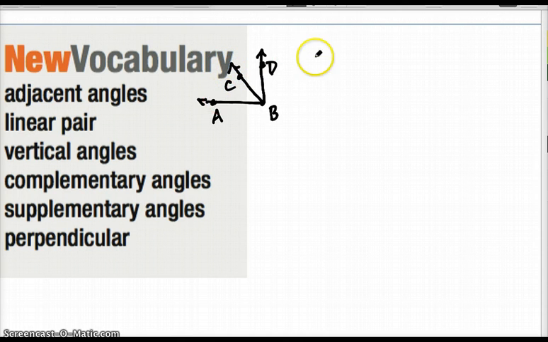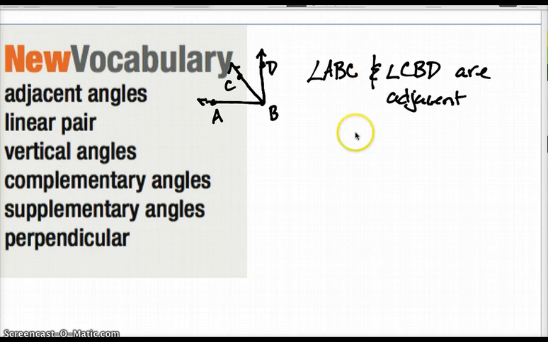I can tell you that angle ABC is adjacent to angle CBD. So angle ABC is adjacent to angle CBD. I don't know of any symbol that they use to say adjacent angles, so we'll just say that angles ABC and CBD are adjacent. They share a common side and a vertex.